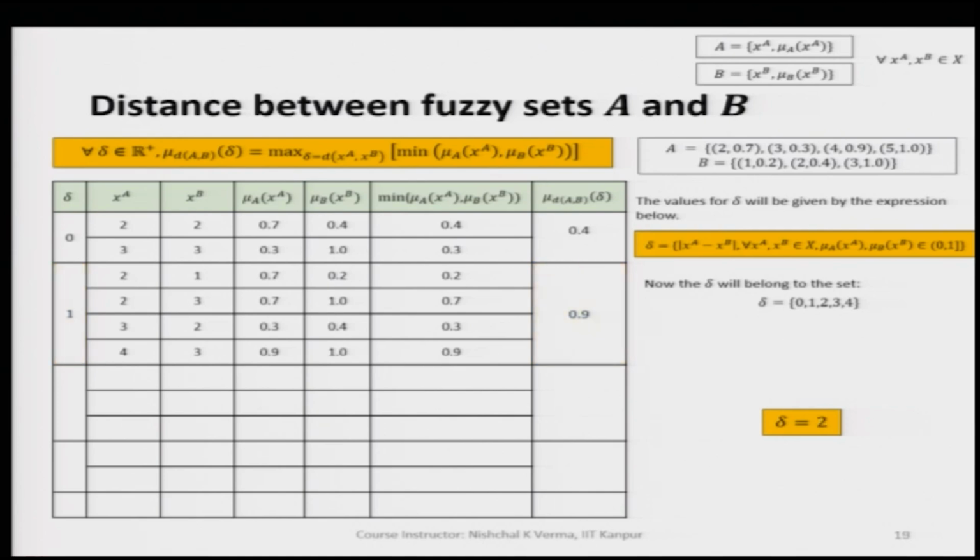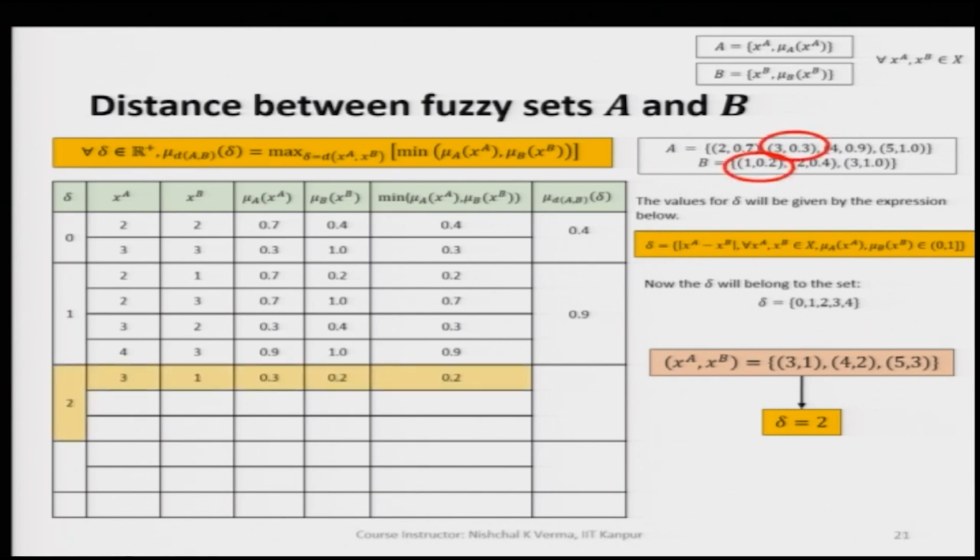Similarly, let us go and have all these entries for delta equal to 2. When we take delta equal to 2, we get these 3 pairs, and as I have already explained, these pairs are coming from both the discrete fuzzy sets A and B. Now, let us fill these entries in the table.